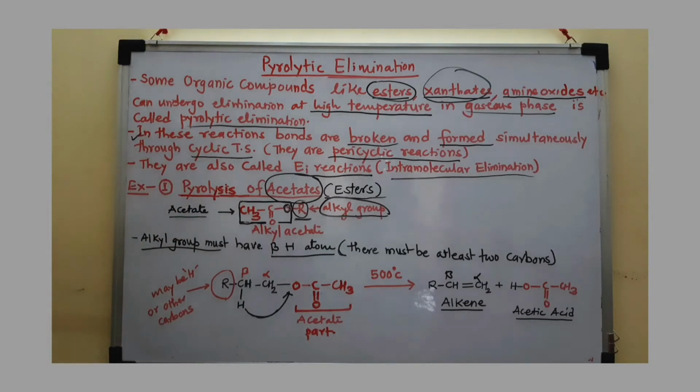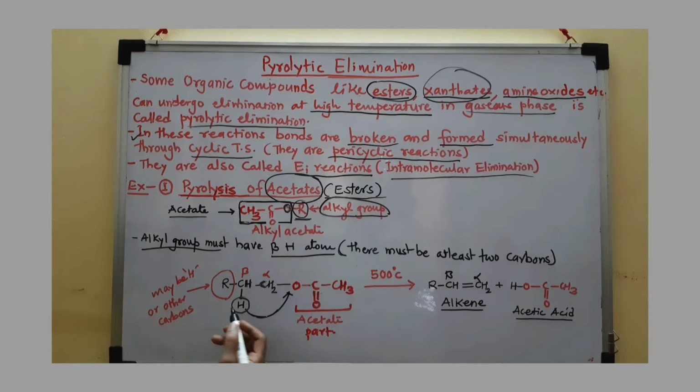Now here I have shown the reaction. Now see, this is an alkyl group. As I mentioned, there must be a beta hydrogen, so there must be a minimum of two carbons. Here I have shown two carbons, the first carbon is called alpha, the second is beta, where the hydrogen is present. So this is called the beta hydrogen.